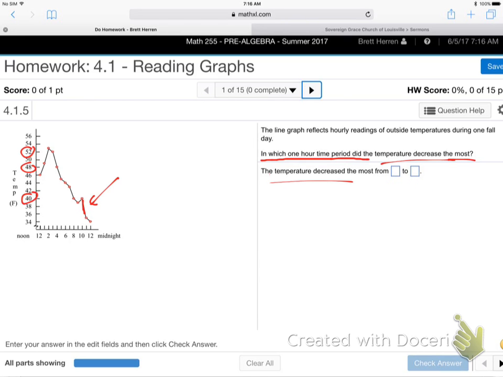Yeah, looking at these dots, this dot's at 10 and this dot's at 11. From 10 to 11. That good? All right. There we go. So just looking at the graph, reading the graph. All is well.